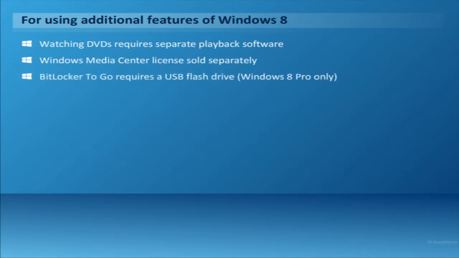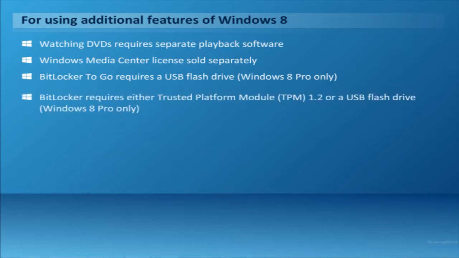BitLocker To Go requires a USB flash drive. Windows 8 Pro only. BitLocker requires either Trusted Platform Module TPM 1.2 or a USB flash drive. Windows 8 Pro only.